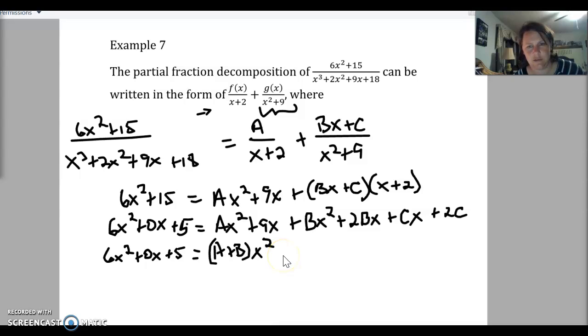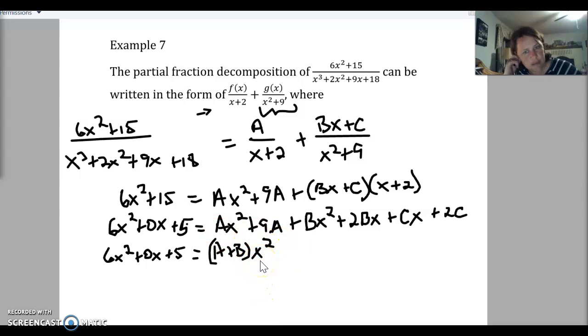Ax squared plus 9a. I multiplied that one to there, so ax squared plus 9a. Yeah, sorry about that. So 9a there and 9a there. That's better. Okay, glad I noticed that.